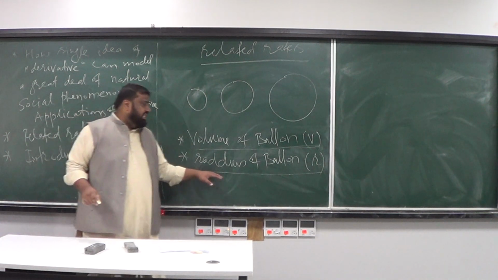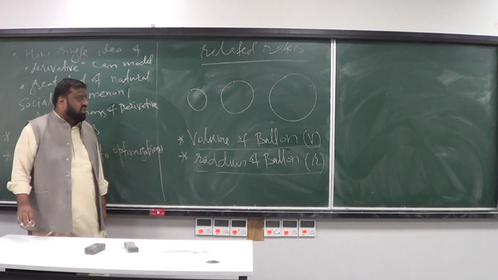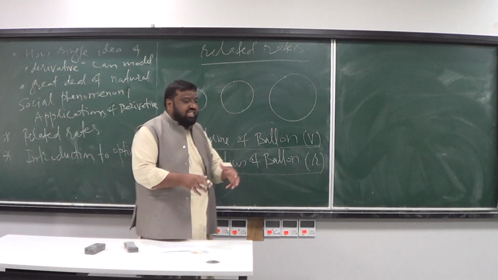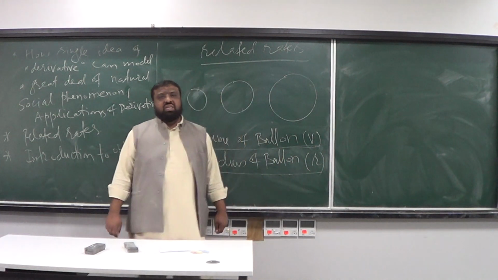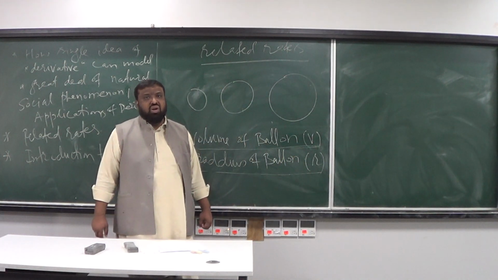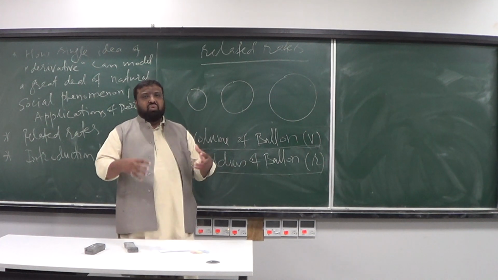Yet I am interested in measuring the radius of the balloon. In other words, as time passes and you pump more and more air into the balloon, how is the radius increasing?